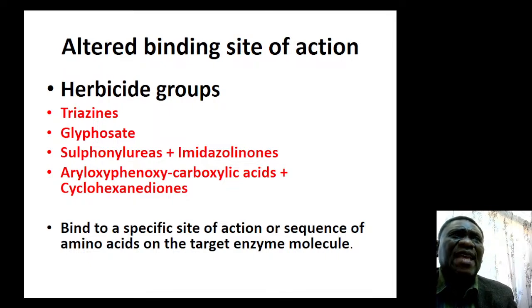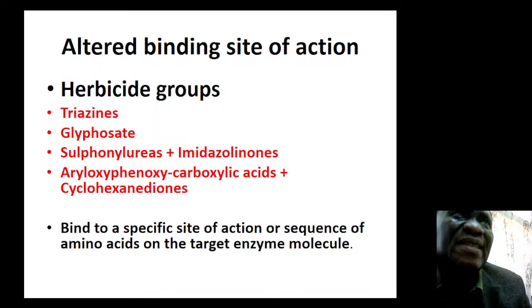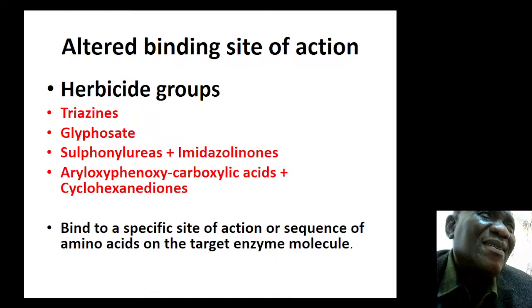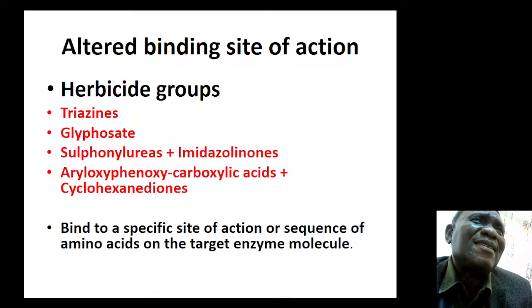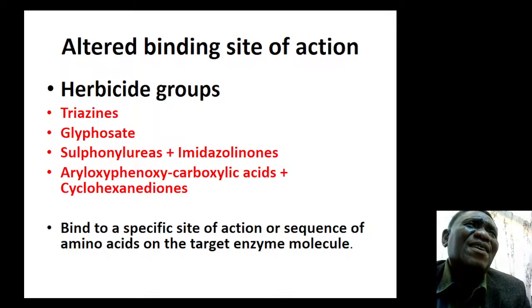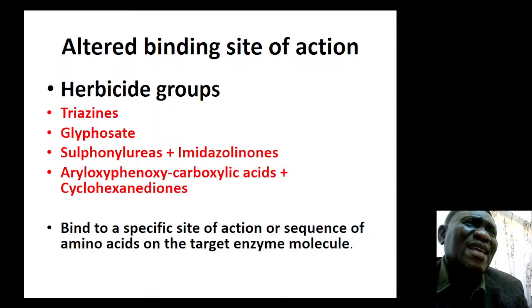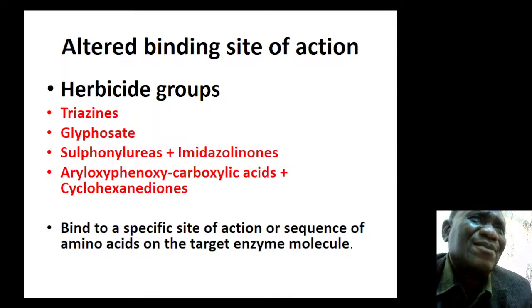So the herbicides which are affected by the altered binding site of action are the following groups: triazines, glyphosate, sulfonylureas and imidazolinones, aryloxyphenoxypropionic acids, or cyclohexanediones.